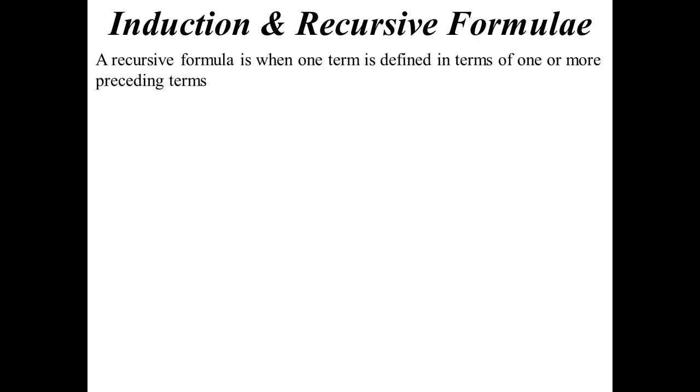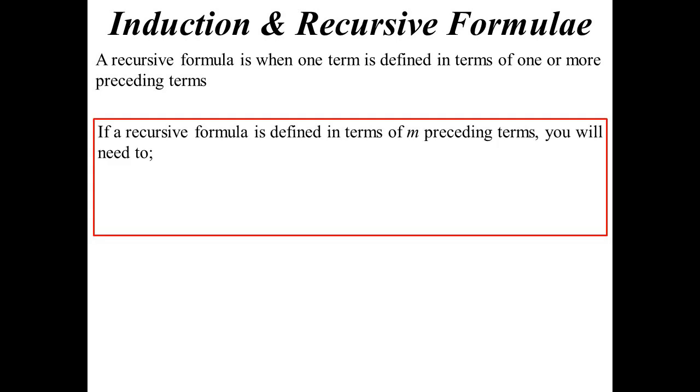Then there's these other ones, what's called a recursive formula. Now that's where one term is defined by using previous terms. You remember we saw it in series and sequences. If your recursive formula is defined in terms of m preceding terms, then what you tend to need to do is this. Prove it true for the first m terms.